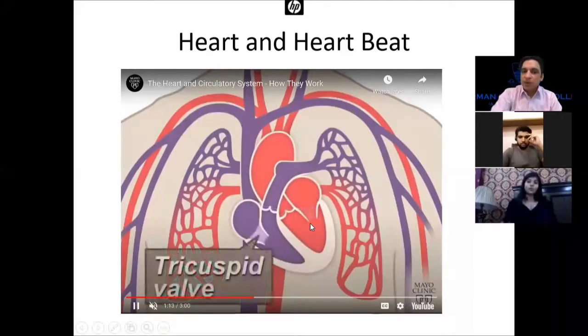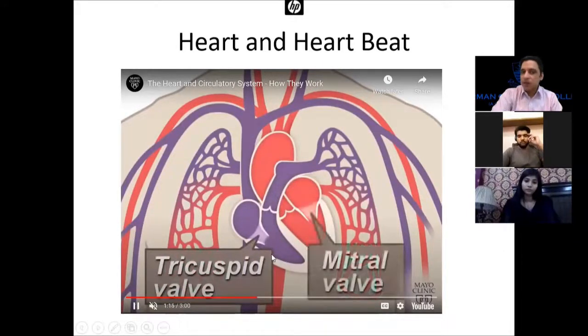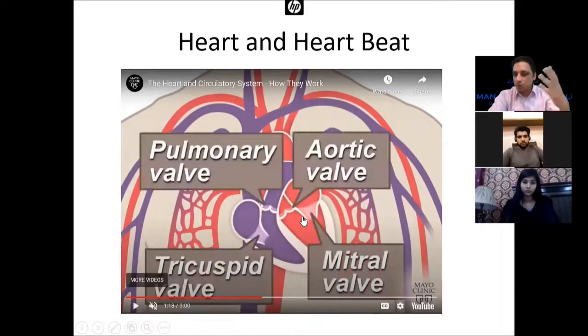The movement between the chambers is controlled by different valves. There exist different types of valves which control the movement and one-sided flow of the blood. When the heart contracts, it creates a pressure called systolic pressure.